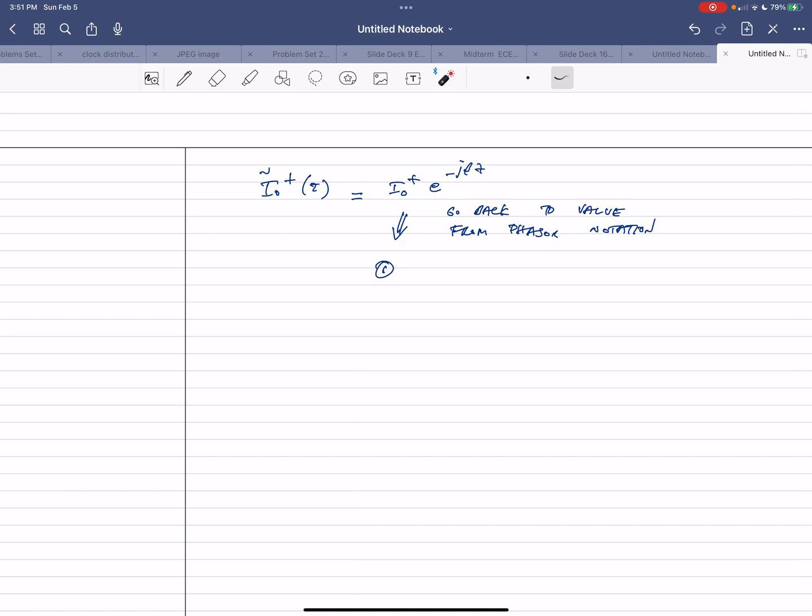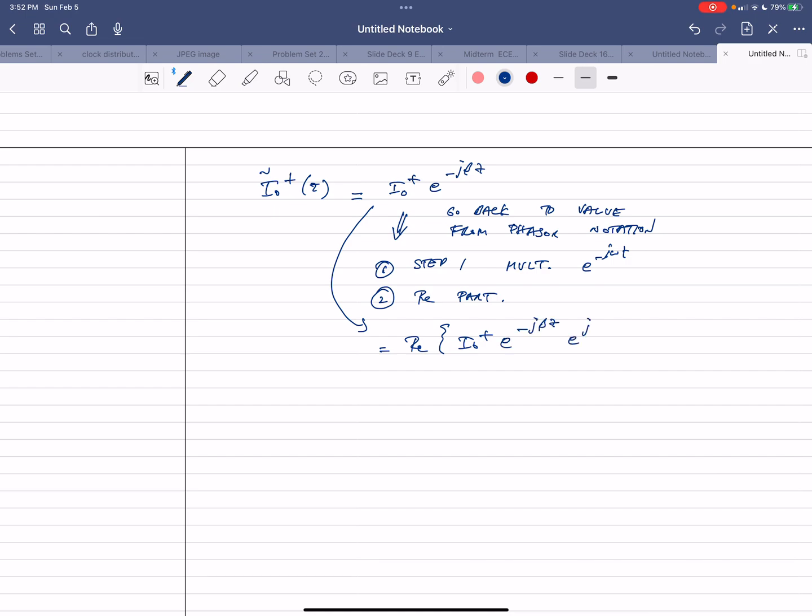Now to actually look at the waveform, I need to take it out of phasor notation, so I just need to retrace my steps. So step 1, I multiply this thing by e to the j omega t, because we've taken that out. And step 2, we take the real part of it, because we were looking at the real part of the expression. So what this looks like is the real part of I0 plus e to the minus j beta z e to the j omega t.